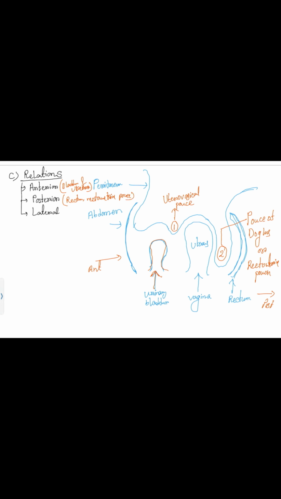This vagina is located posteriorly with the pouch of Douglas or recto-uterine pouch or rectum, and laterally it is the levator ani muscle. Okay, the levator ani muscle is one of the muscles of the pelvic portions. So anteriorly the vagina is situated with bladder and urethra. Posteriorly it is covered by rectum or rectouterine pouch, and laterally it is covered by the levator ani muscle.